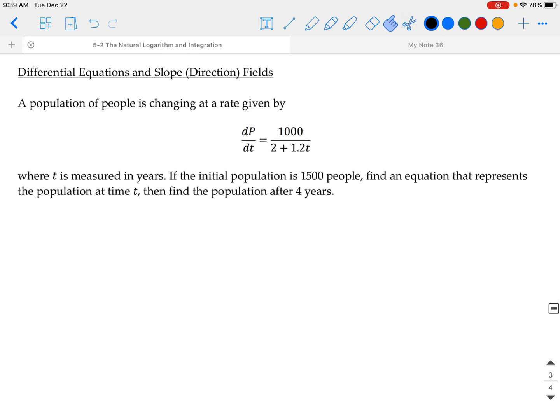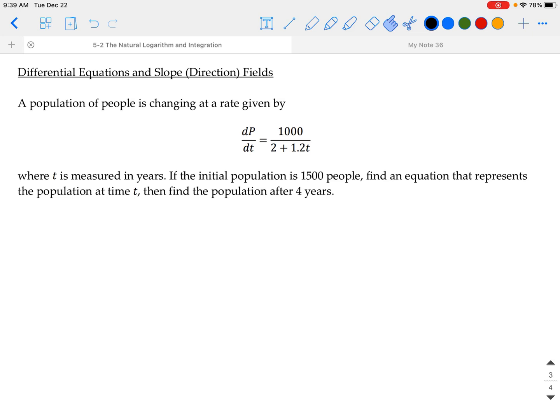So we have a population of people changing at a rate given by dP/dt equal to 1,000 divided by 2 plus 1.2t, where t is measured in years. So if the initial population of people is 1,500, we want to find an equation that represents our population at time t, and then find the population after 4 years.